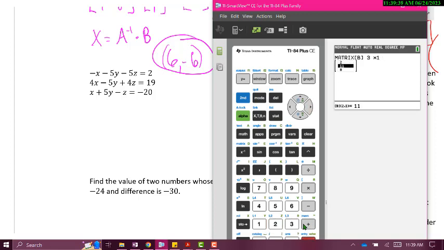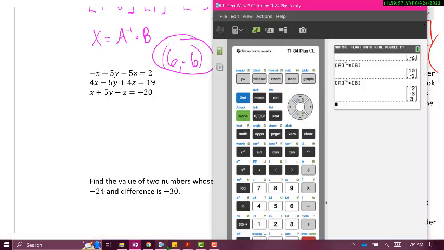And we got 2, 19, and negative 20. And again, once we have them entered in, go up to the next thing here, hit enter, and we have it.